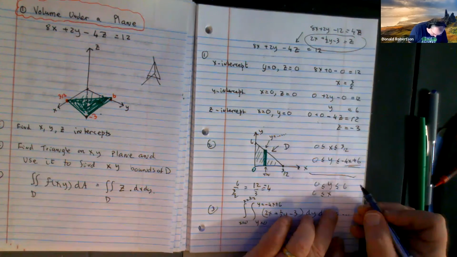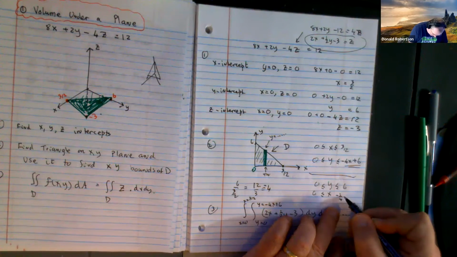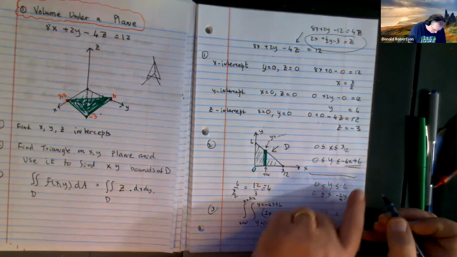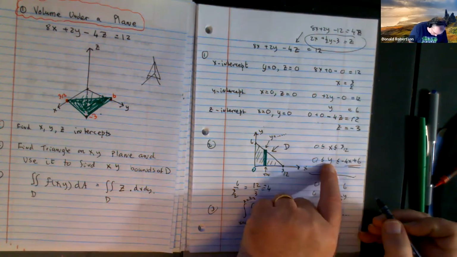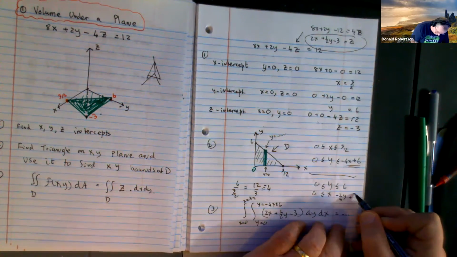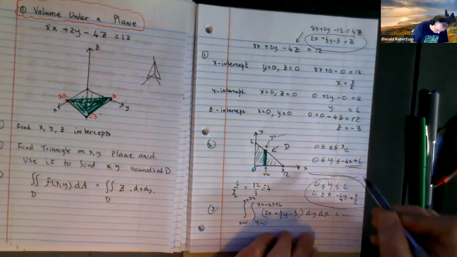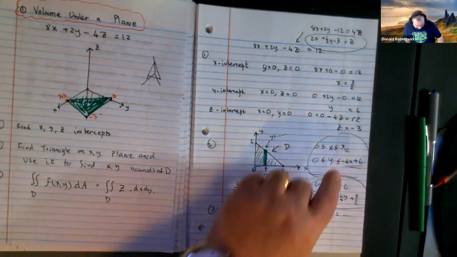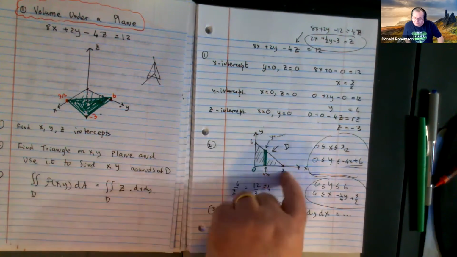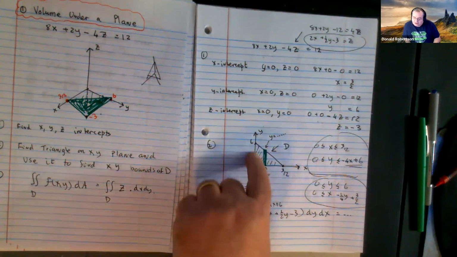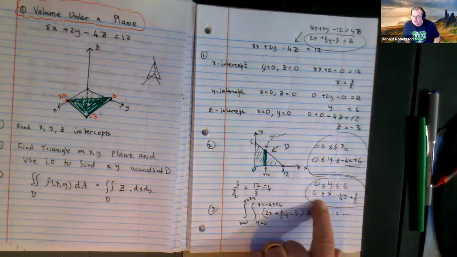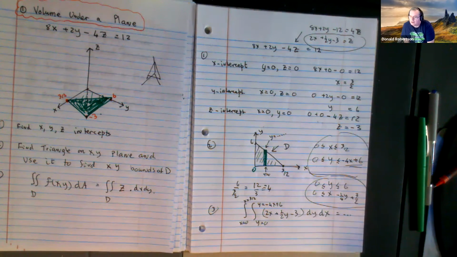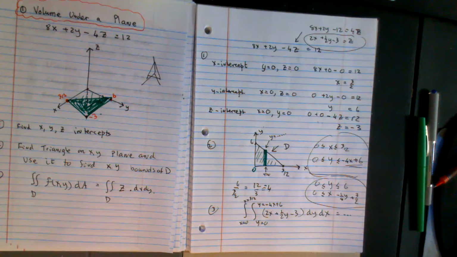You get -1/4 y plus 3/2. And that would also work. And you'd get 2 different ways of setting up how to generate that region D. Would you agree this one's just a little bit uglier because of the numbers? It wouldn't be wrong. You get the right answer.